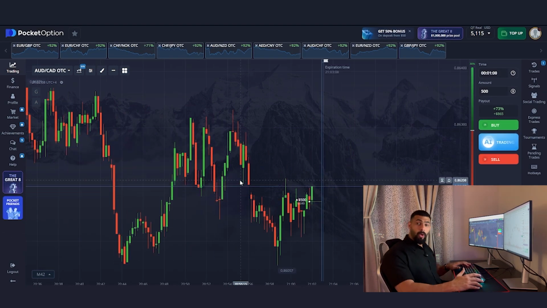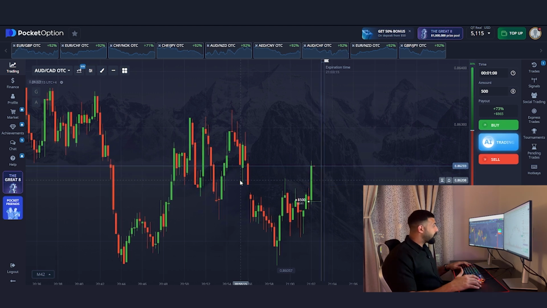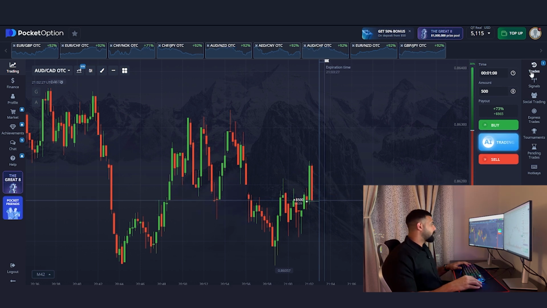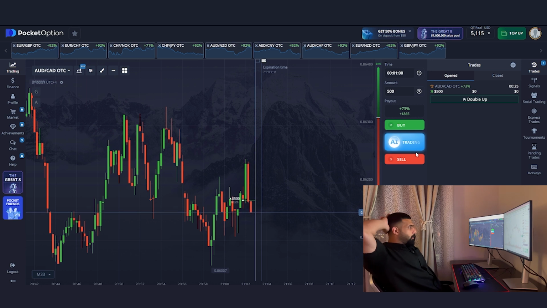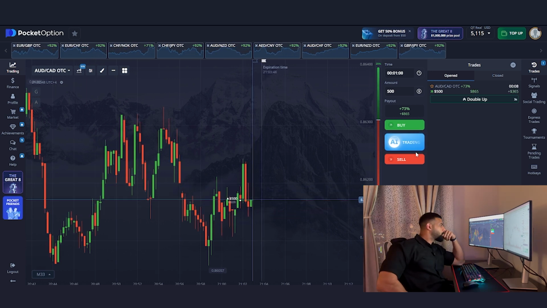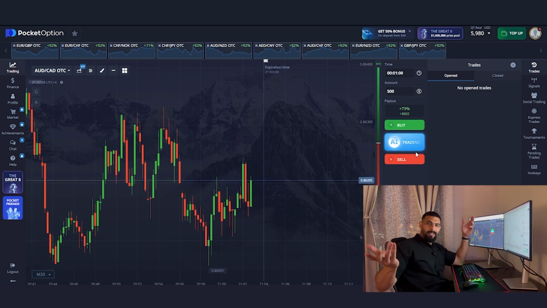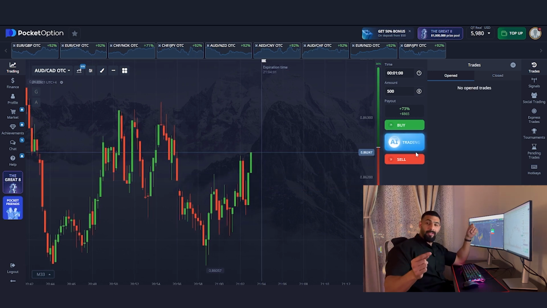Mostly it will go up, and I think 90% this trade will go well according to what I read on the market on this currency. So let's wait. It will be a couple of seconds. And as you see, I made a profit of $365 from this trade.